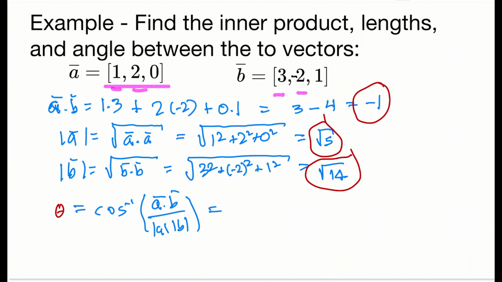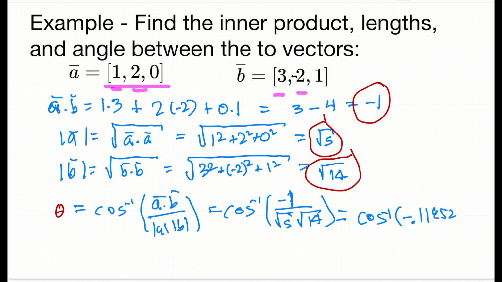Plugging these numbers in, we have minus 1 as the dot product, and then the length of A is root 5, the length of B is root 14, so theta is going to be equal to that number. Now I'm going to put that in my calculator, and we want to find the inverse cosine of minus 1 divided by root 70, which is minus 0.11952.